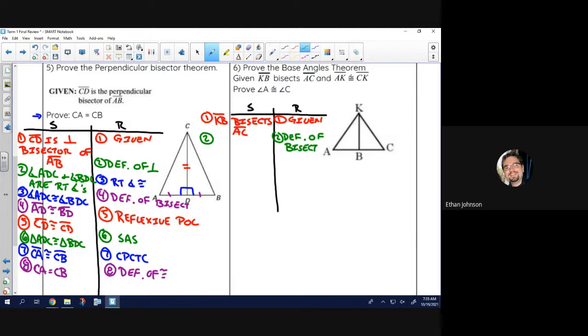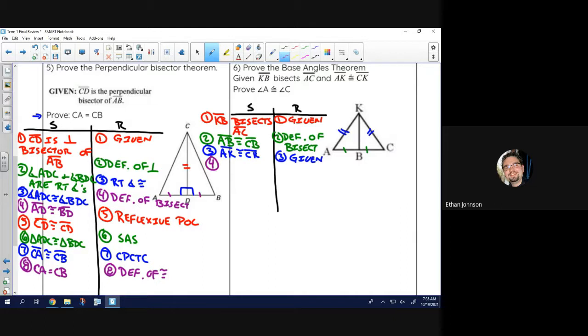So definition of bisect in this case. Bisect once again splits in half, so I know KB splits AC in half, thus AB is congruent with CB. And I'll mark it. So then statement 3, we have a second given, AK is congruent with CK. And once again, congruent statement, so I'll mark it.